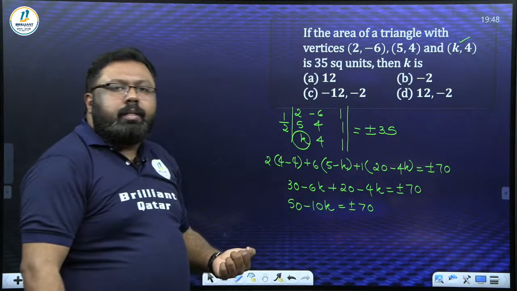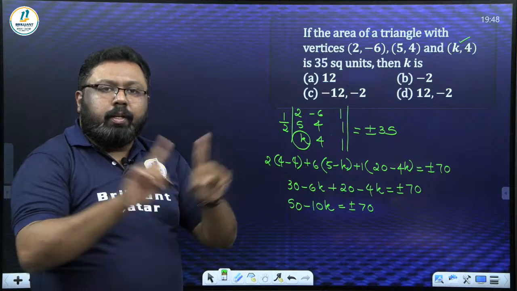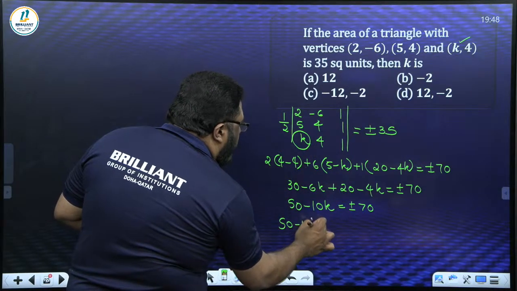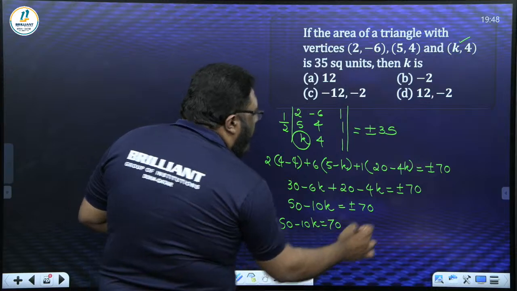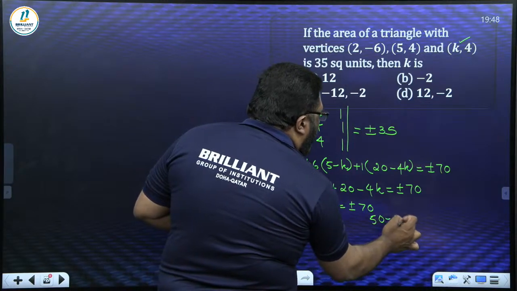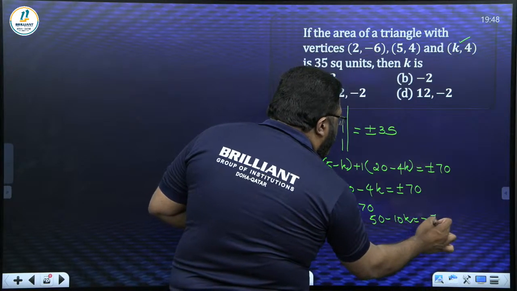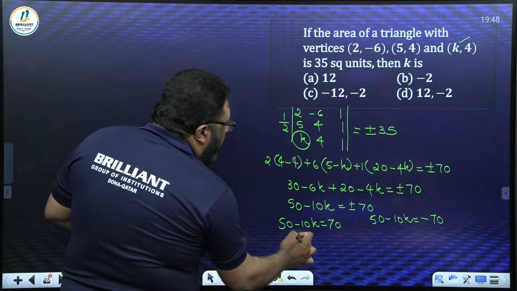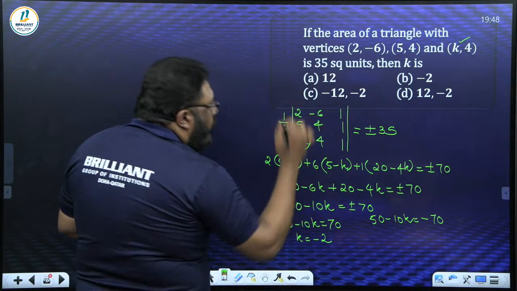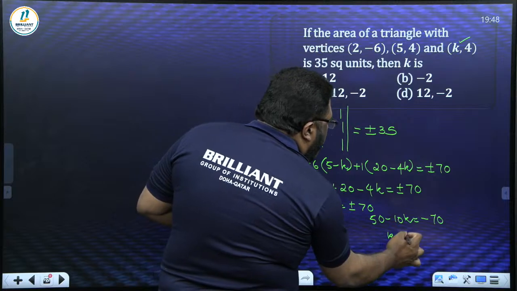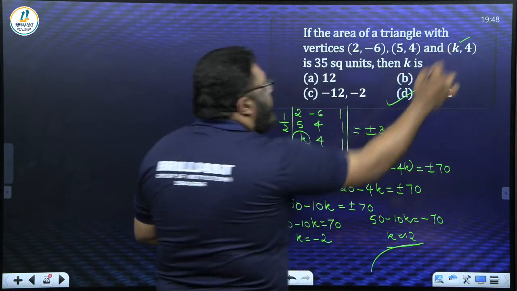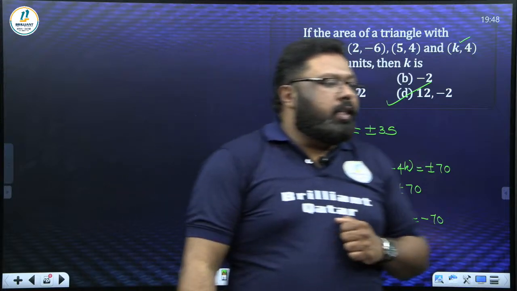Now here onwards you have to use two cases, positive and negative. So 50 minus 10k equals 70, and 50 minus 10k equals minus 70. From this you get k is equal to negative 2. Here you get k is equal to 12. Negative 2 and positive 12. Option D, 12 and negative 2.